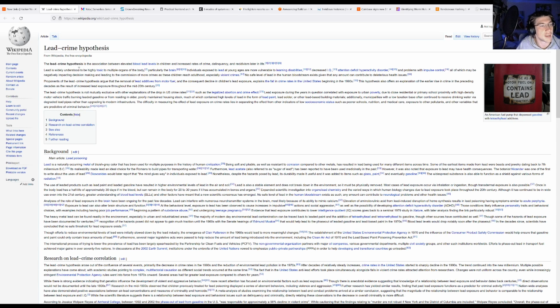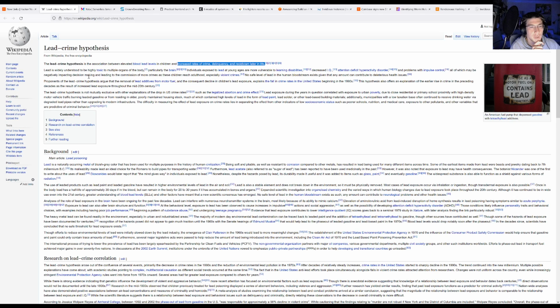The lead crime hypothesis is the association between elevated blood lead levels in children and increased rates of crime, delinquency, and recidivism later in life. What? No way. Lead is widely understood to be highly toxic to multiple organs in the body, particularly to the brain.